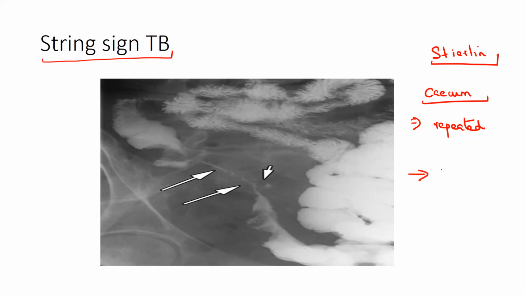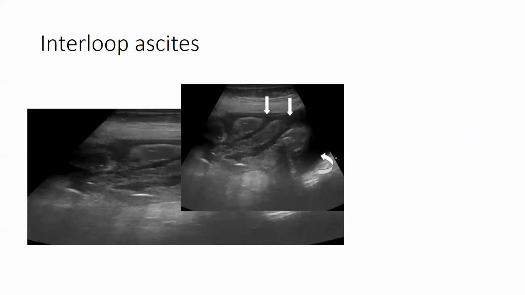Yes, we can do abdominal ultrasound. In ultrasonography, you can see if any ascites has developed. I'll show you one more thing, which is called interloop ascites. This is an ultrasonography, and between the loops of the intestine, here is your ascites, the fluid. That is your interloop ascites.